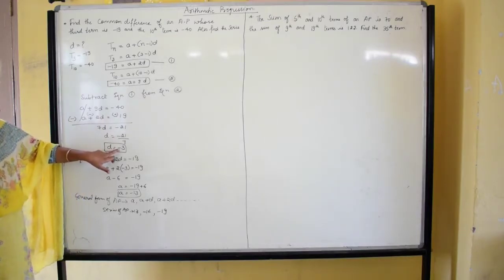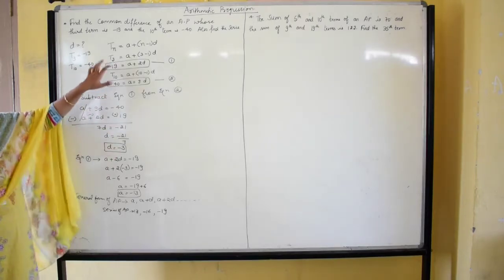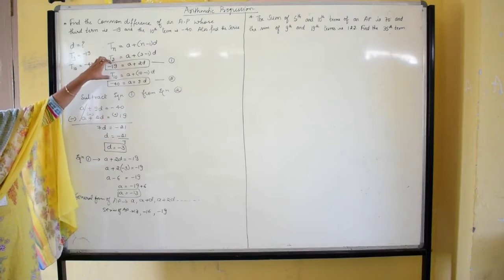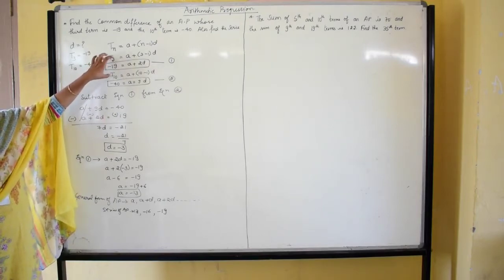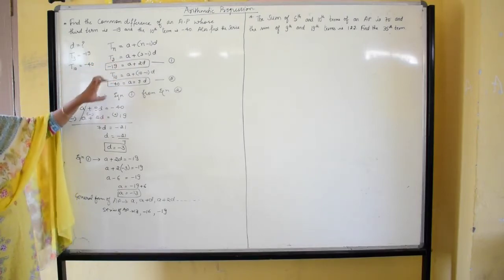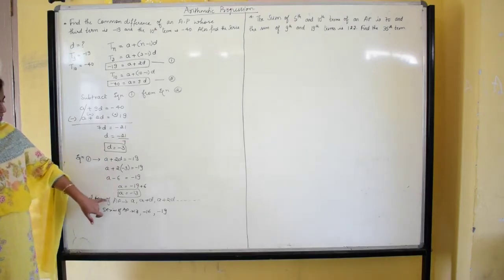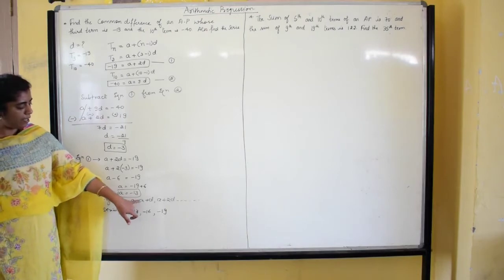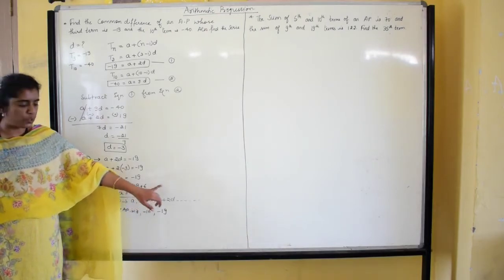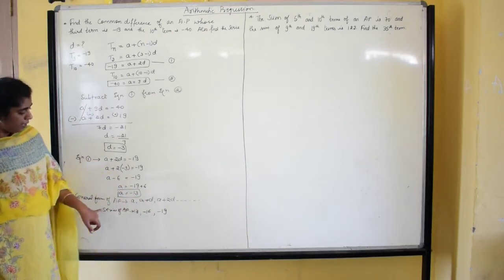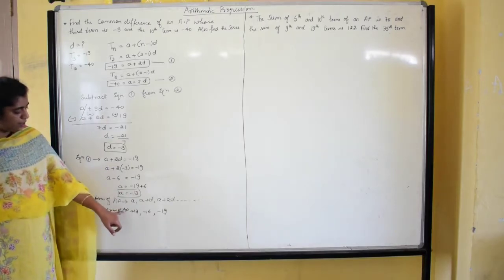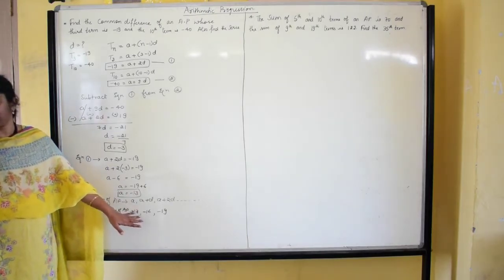After getting the common difference, substitute the value of D in any one of the equations, equation 1 or equation 2, and find the first term A. Then the general form of the series is A, A plus D, A plus 2D. Substitute the values of A and D, and you will get the arithmetic progression series.